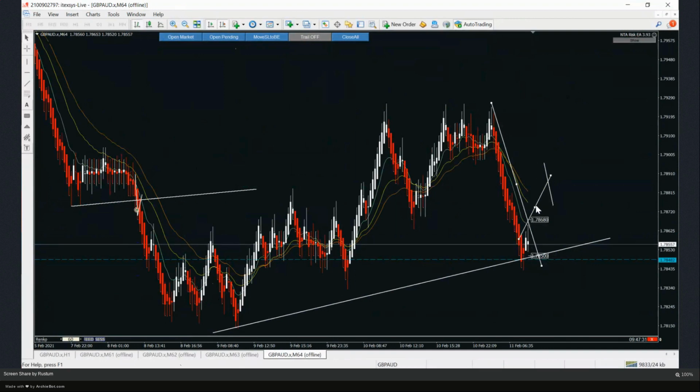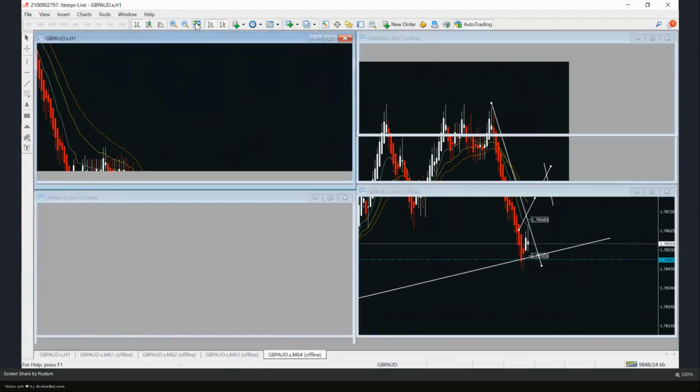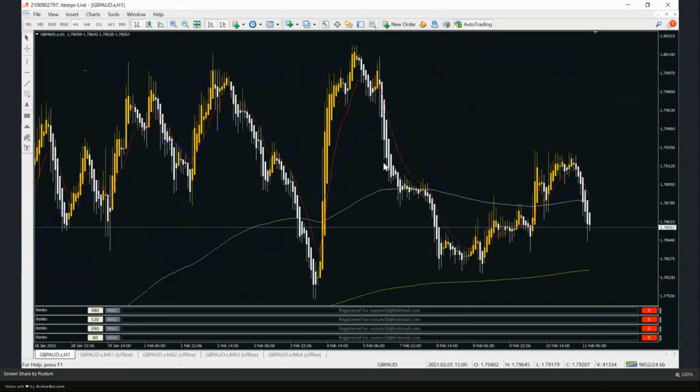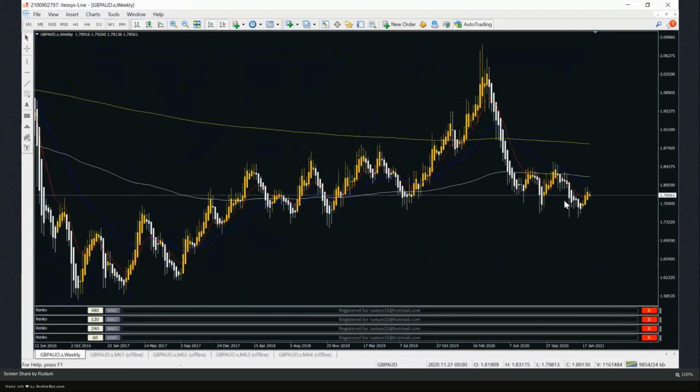So now I was looking since here for a potential move. Because there's a potential and I want to drop my tool on here, I say, look, I want to see what is going on as well on the other charts. So weekly we're actually short, but we want to go long.